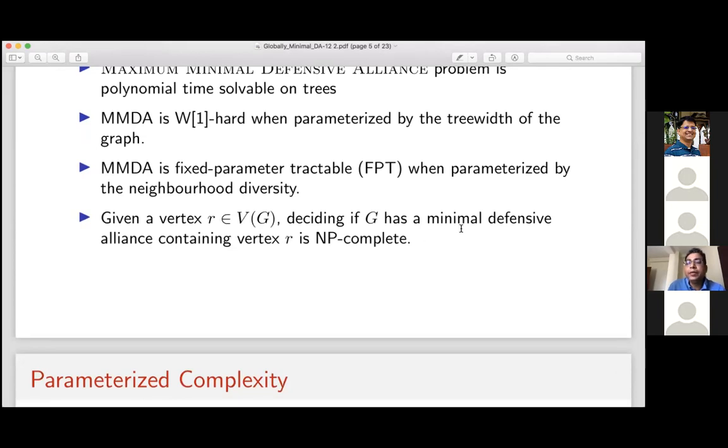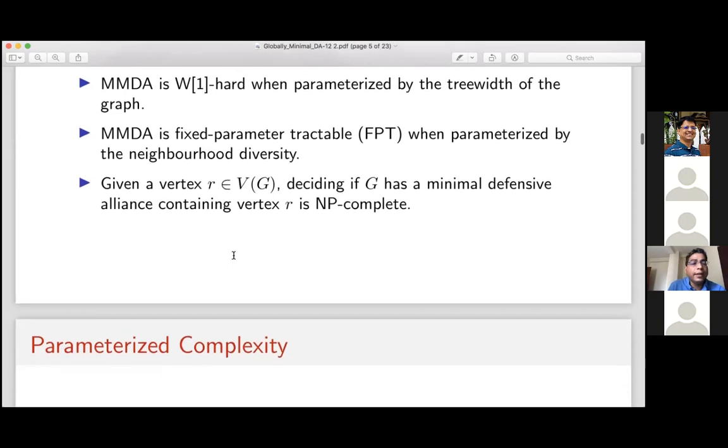Even though we are not looking for a maximum size minimal defensive alliance here, we're just asking whether, given a graph and a vertex R, there is a minimal defensive alliance containing that vertex R. This problem is even NP complete. That we also prove at the end.